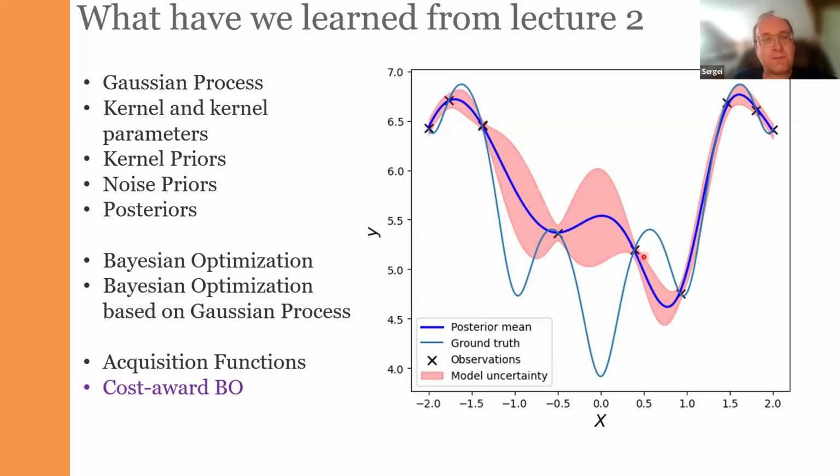We looked at the concept of what a kernel is and what the kernel parameters are, and particularly what the priors and the noise priors are and how they affect the Gaussian process. There is a general belief that the Gaussian process is robust, meaning that we can use it without thinking about those parameters. This belief is supported by the fact that a Gaussian process should always converge.